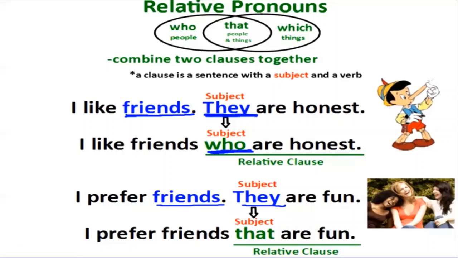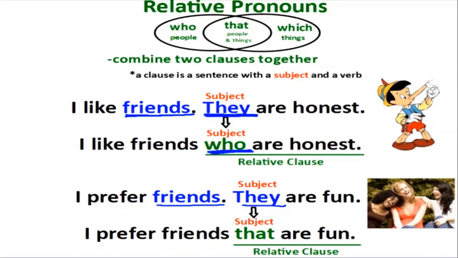Now, something that you gotta take into account here is that we have two types of relative pronouns, or two uses of relative pronouns, when we speak about who, that, and which. When we speak about them, we need to be careful whenever we want to use them as subjects or as objects.